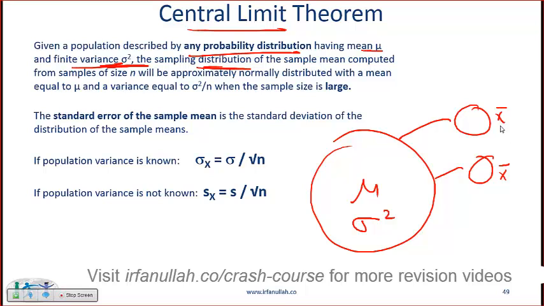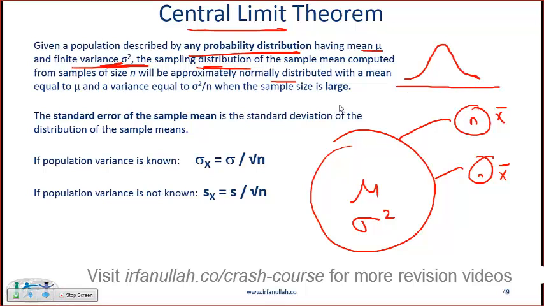But can we say something about the distribution of the sample means? We can, based on the central limit theorem. What does the central limit theorem say? That the sampling distribution of all these means, where the sample size is n, will be approximately normal.